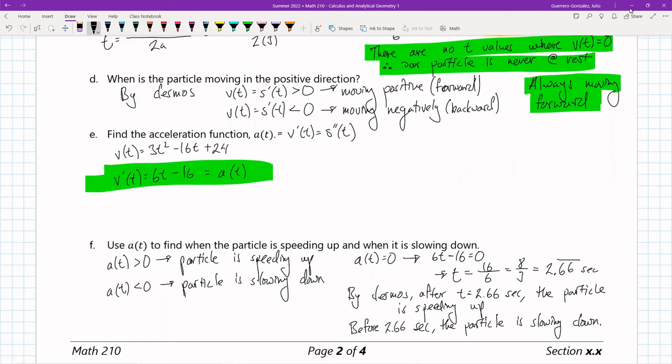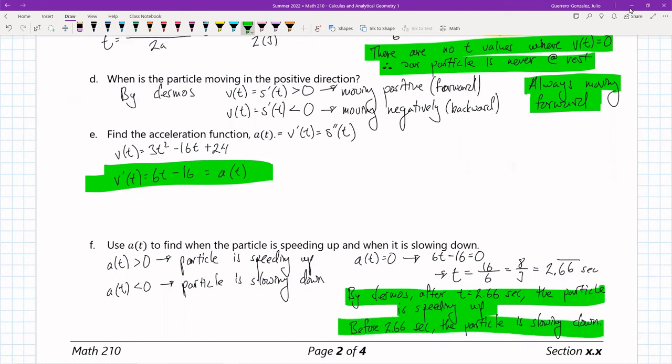Let me highlight this really quick to show that that's our answer. There we go. So this is essentially the basis of first semester physics. This is what we're doing here, it's just applying our calculus to the scenario that we have.